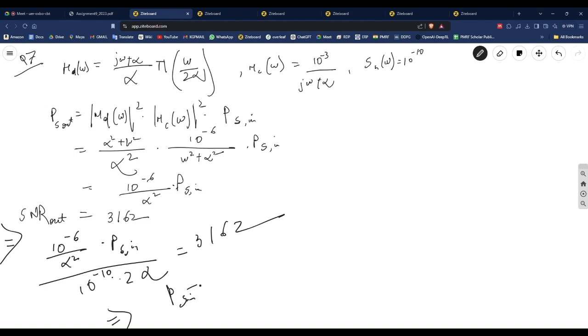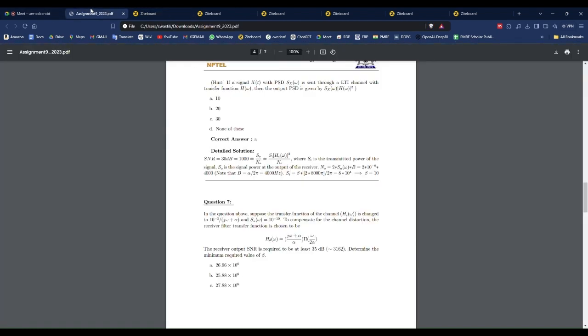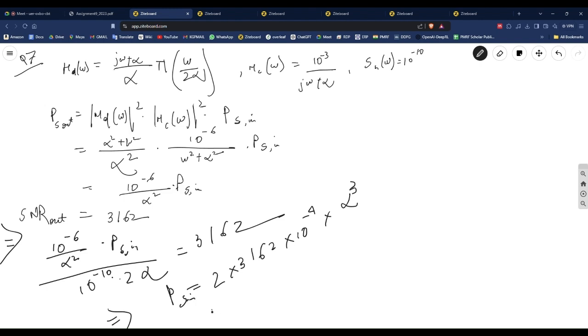PSE will be 2 into 3162 into alpha cube. So this will be my PSE. And PSE is 2 alpha beta.